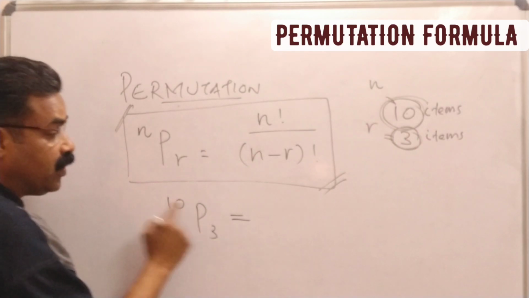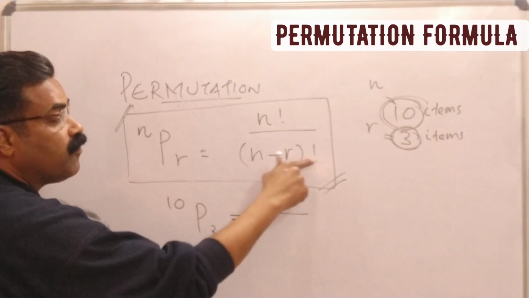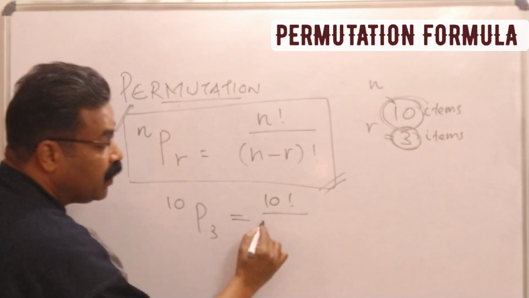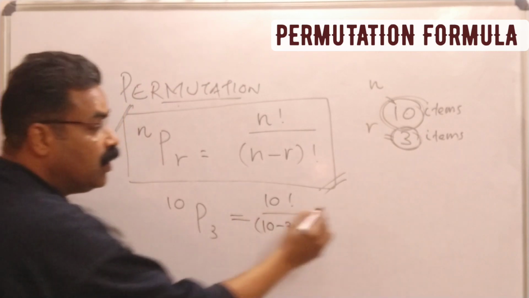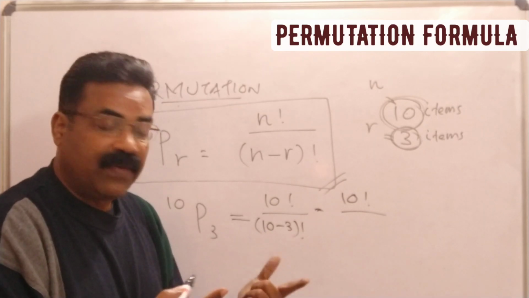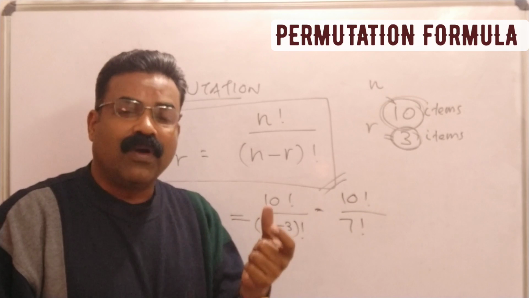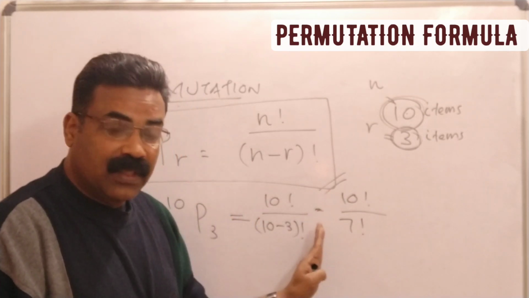Total n is how much? 10. So 10 factorial divided by n minus r factorial. N minus r, 10 minus 3 factorial. So this will become what? 10 factorial divided by, what is 10 minus 3? 7. So this will become 7 factorial.